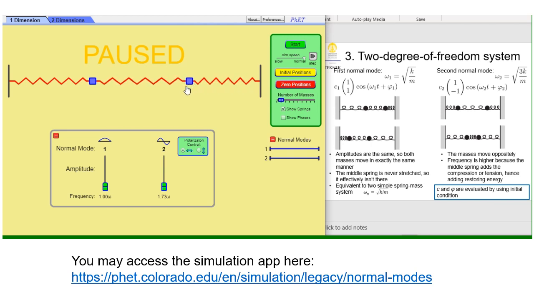Say, you can try to make an educated guess. For instance, probably somewhere here, and then your mass one also needs to be at this position. See, when you give this type of initial position, it is certain that normal mode number two will be excited. By this way, you can try to guess what kind of initial position will correspond to which normal mode.